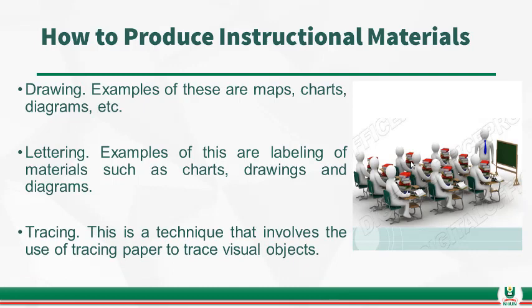So another one is tracing. Tracing is a technique that involves the use of tracing paper to trace visual objects. There are certain things that we like to use in the classroom to produce our instructional materials, like cutting out a picture from a textbook, from a magazine, from somewhere. So there is a method where we place kerosene or any transparent material on the paper, and then we trace the picture out.